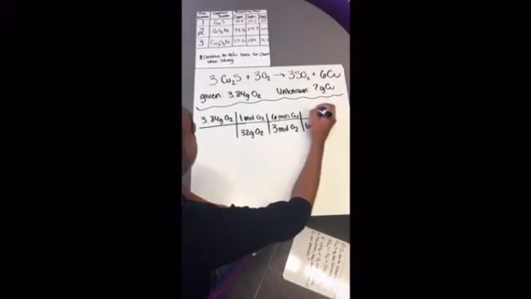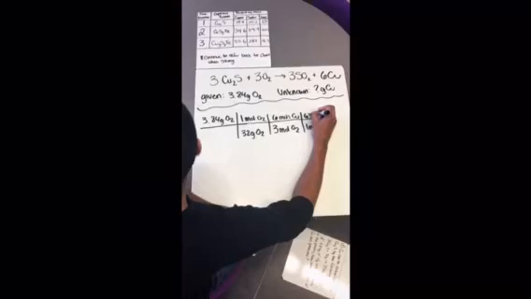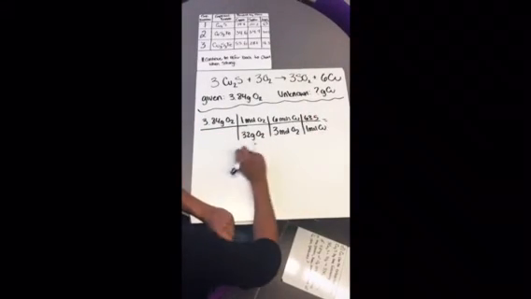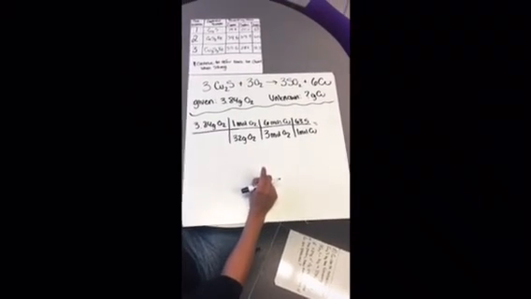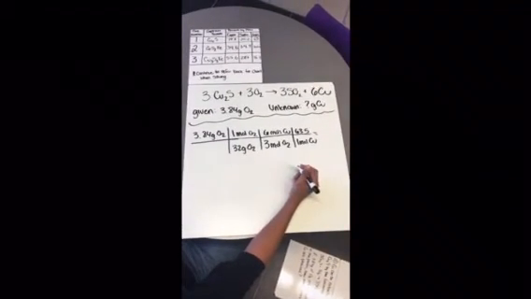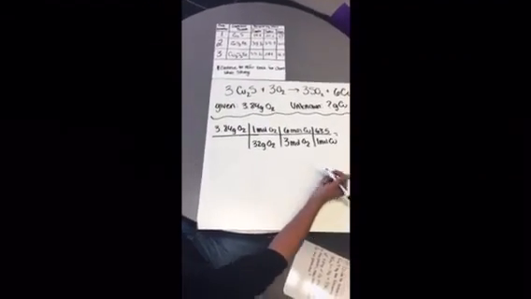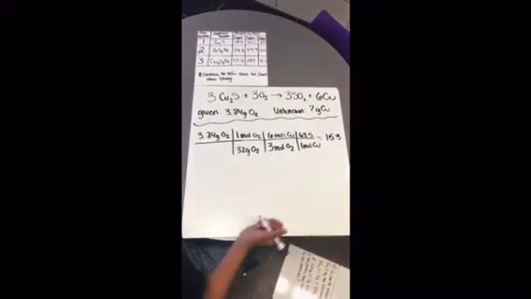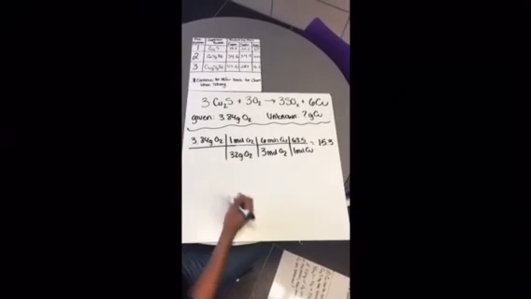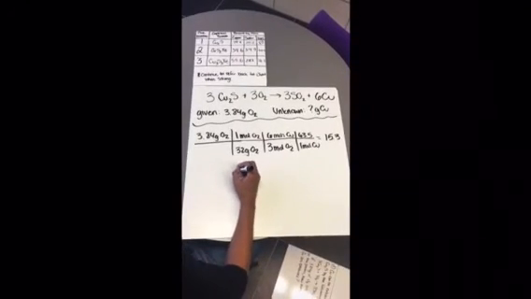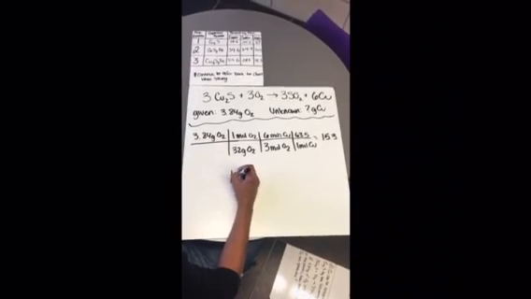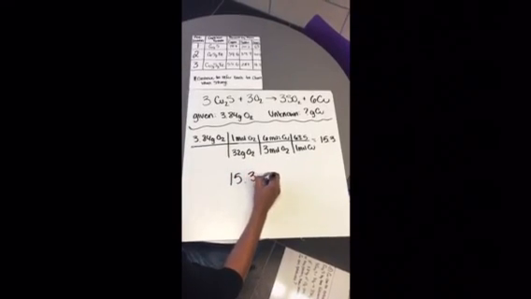It is 63.5. Now, if we multiply the whole top row up here and divide it by the bottom, we will get, let me put in my calculations for you guys, 15.3. So the total amount of copper produced in this problem from 3.84 grams of O2 is 15.3 grams.